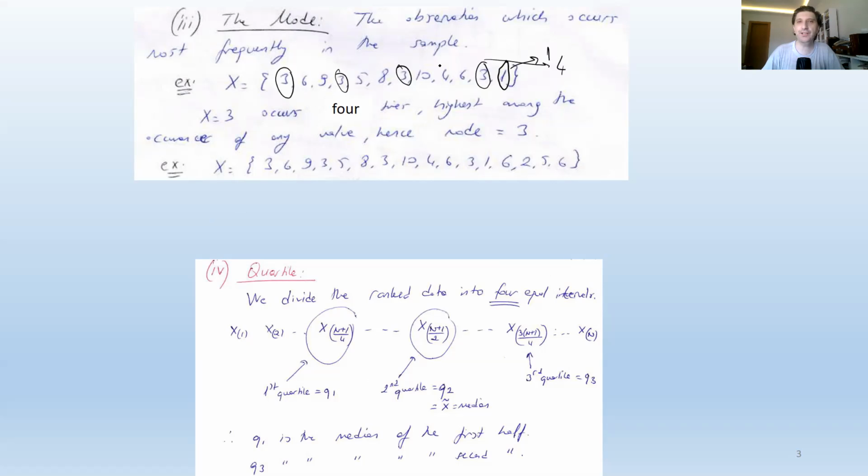The next observation is 4, which occurs only a single time, and 6 occurs 2 times. The largest number of occurrences is for x equal to 3, which occurs 4 times. Therefore, the mode of the sample is equal to 3.